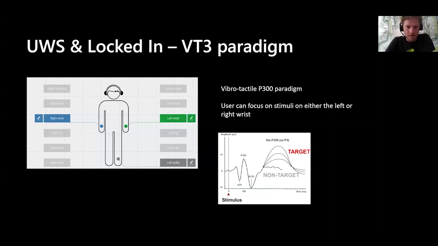And again, the whole signal and feature extraction pipeline is based on the P300. So again, when the patient, for example, wants to answer the question with yes, and is counting the stimuli on the right wrist, and the stimulus appears, then the P300 wave is elicited in the brainwave, and it can be detected. So this has at least 2 levels of interpretation.